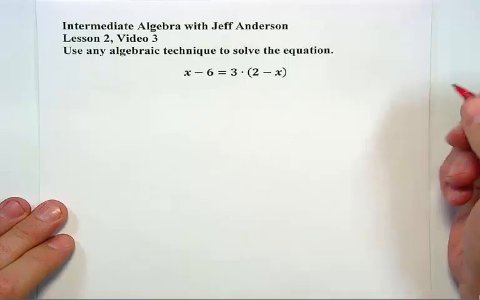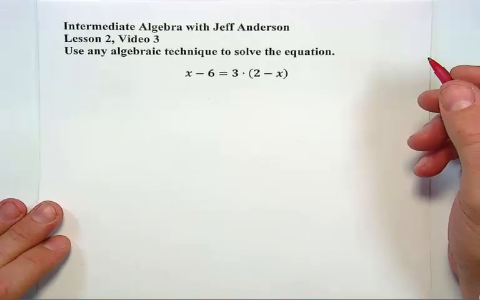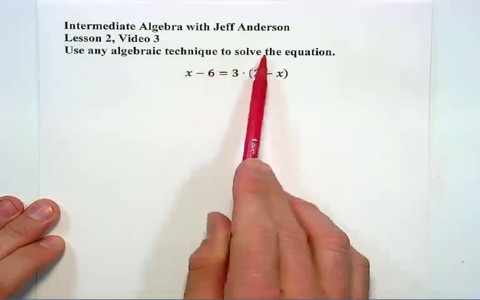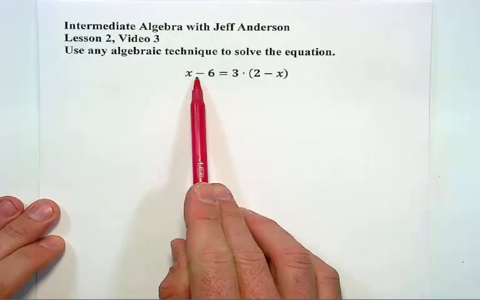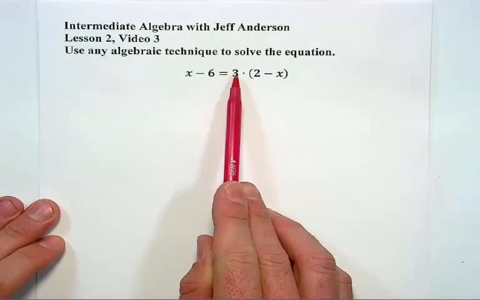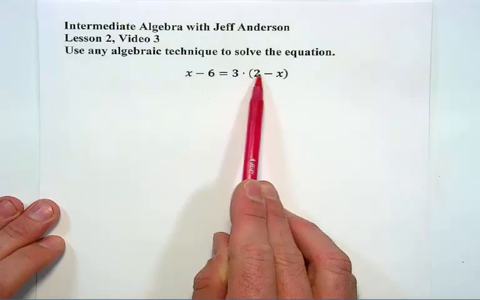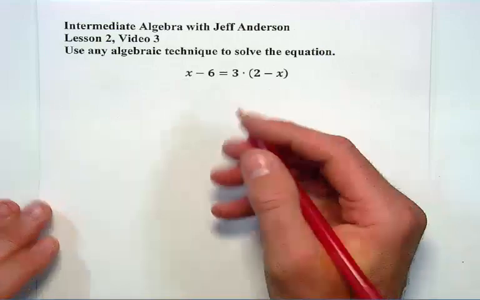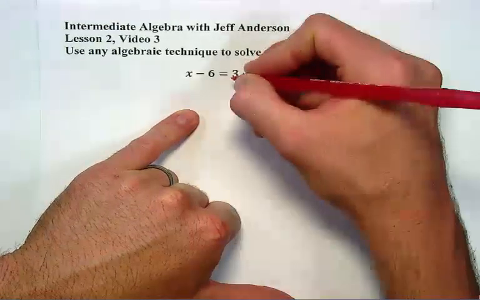Let's take a look at an example of a problem that we might see in an algebra class. Use an algebraic technique to solve the equation x minus 6 equals 3 times quantity 2 minus x. Before we do anything, I'm going to encourage us to get in the habit.